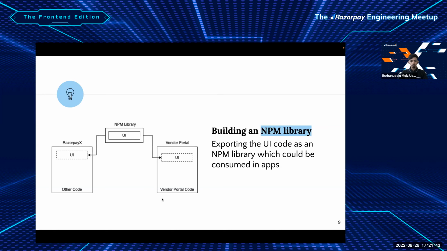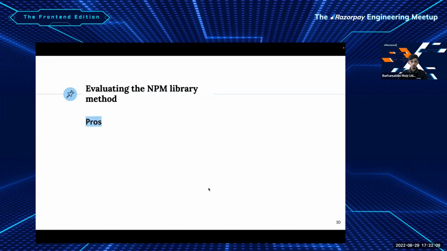We could just bundle the UI code and the auth code and the store logic into an npm library, and we can consume those in both apps, Razorpay X and Vendor Portal. And henceforth, we will refer to Vendor Portal as a separate app on its own, which it actually is. So this diagram shows the npm library getting installed in both Vendor Portal and Razorpay. So this was something that we thought of first.